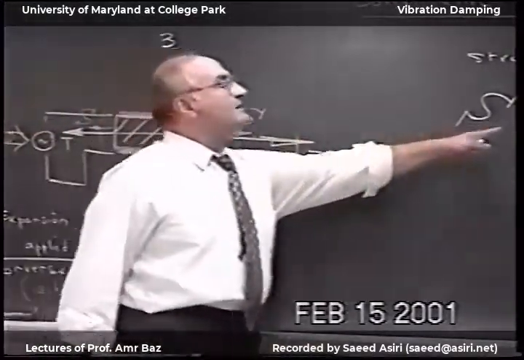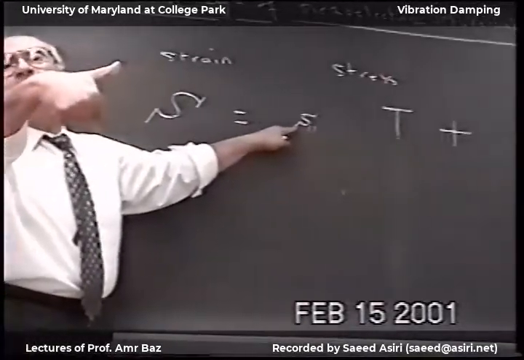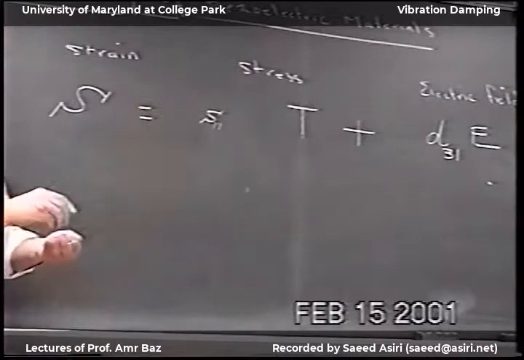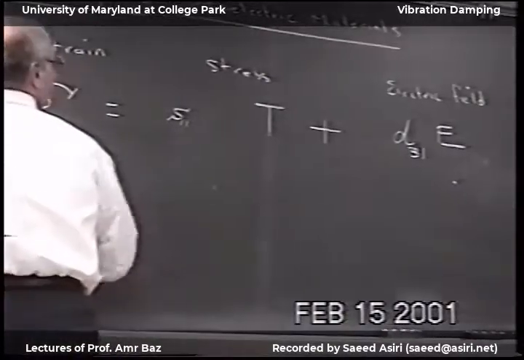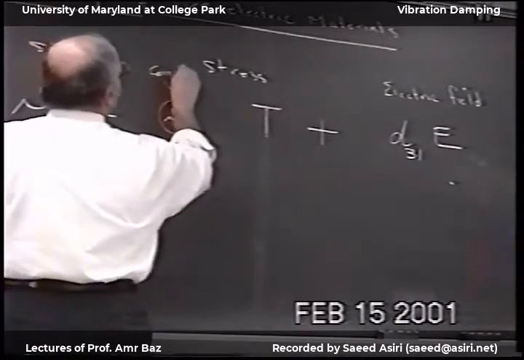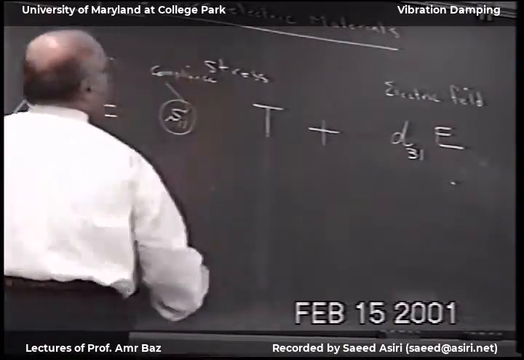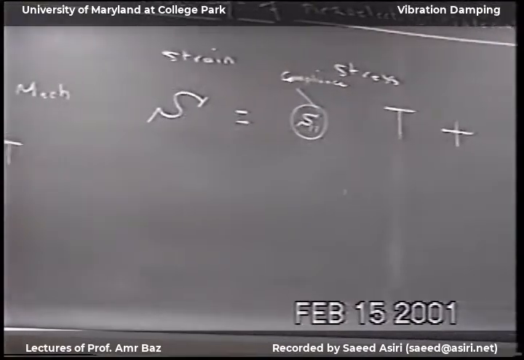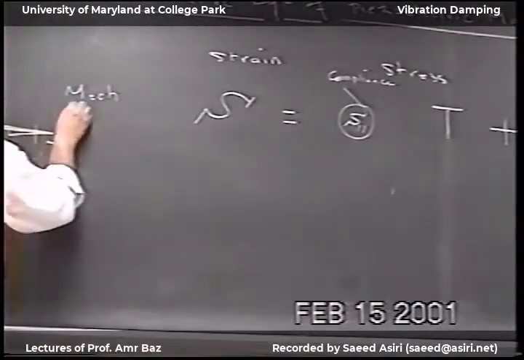And this number is nothing but the reciprocal of Young's modulus. So we'll call this number the compliance of the material. Okay, so mechanically we have all what we need. This is the mechanical characteristic of the material.